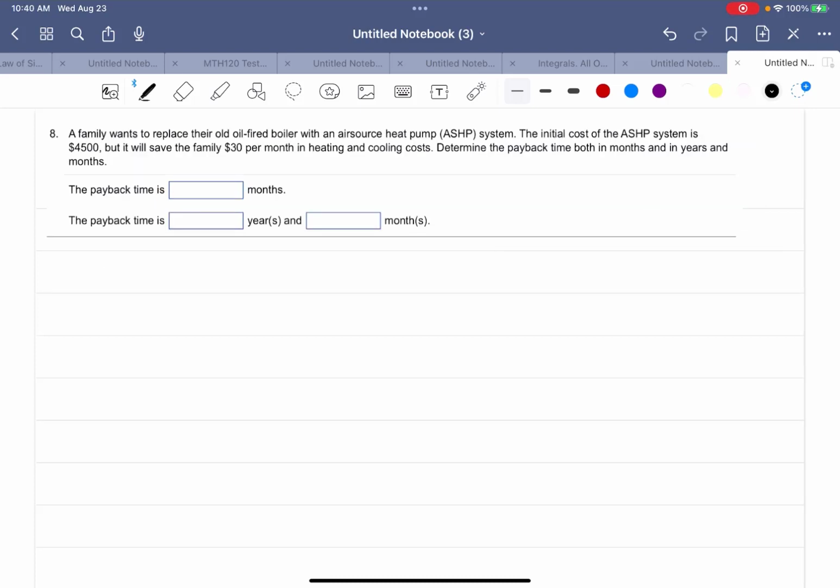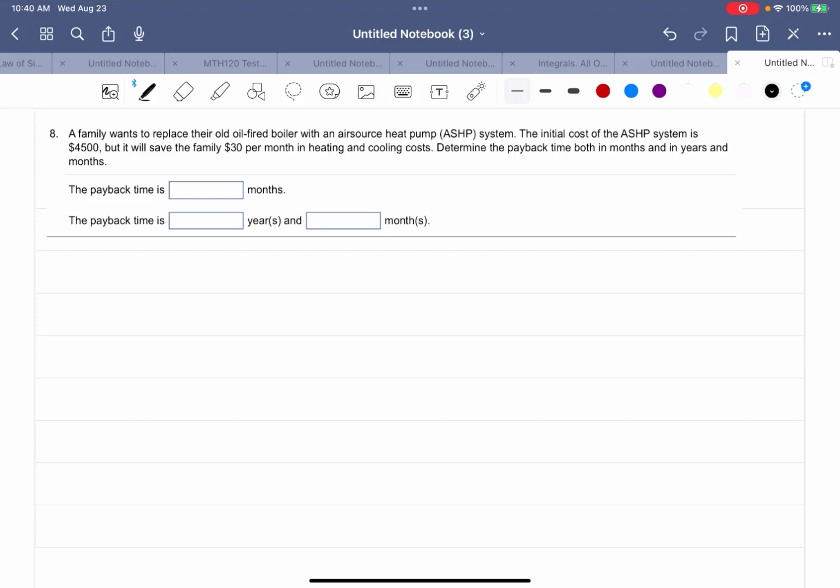Example 8. A family wants to replace their old oil-fired boiler with an air source heat pump or ASHP system. The initial cost of the ASHP system is $4,500, but it will save the family $30 per month in heating and cooling costs.